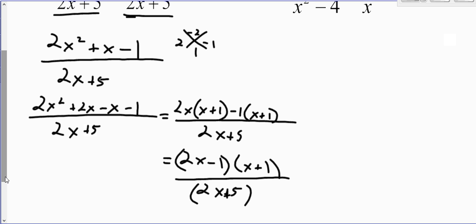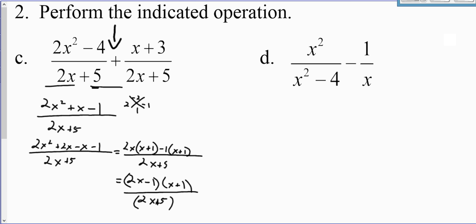Okay, so now I want to do a subtraction. For my subtraction, just like addition, I need a common denominator. So I'm going to use this trick we used before, just multiplying each term by a 1. But I've got to be smart about the 1 I choose.